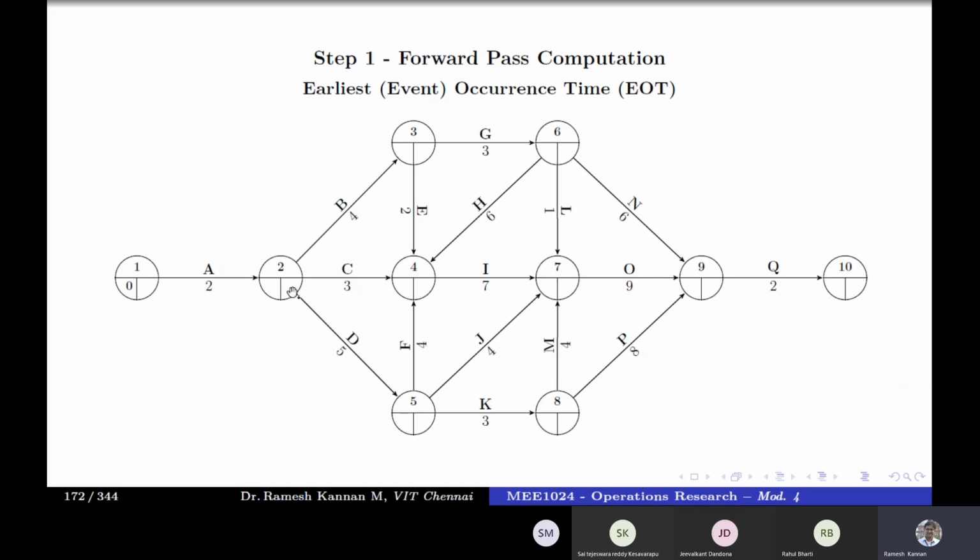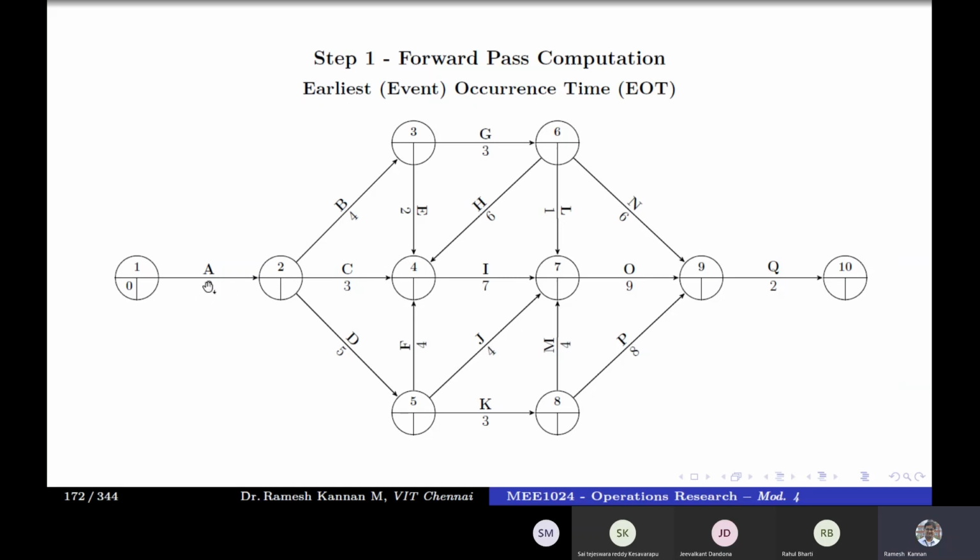Okay. Then event number 2. So EI of event number 2 or EJ of event number 2, whatever it might be. If we call this I and this J, this will be EJ and this will be EI. And in this case, it is 2. Event 2 cannot start instantaneously. It has to wait for this activity to complete.